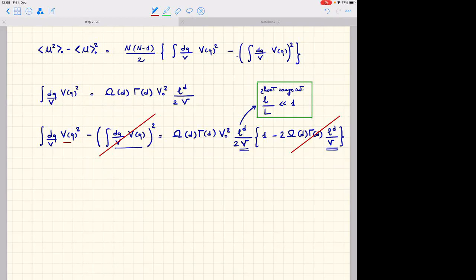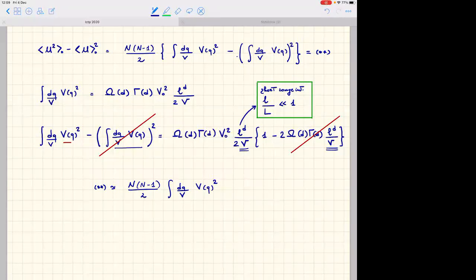In other words, this means that this is approximately n times n minus 1 divided by 2 integral dq over V v(q) squared, because the other term has an extra smallness.